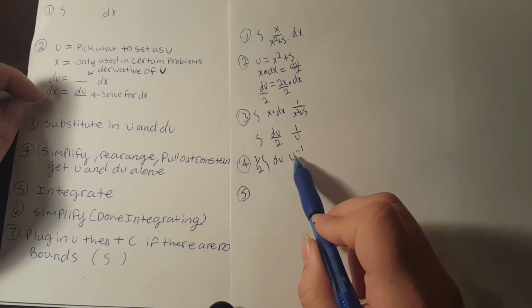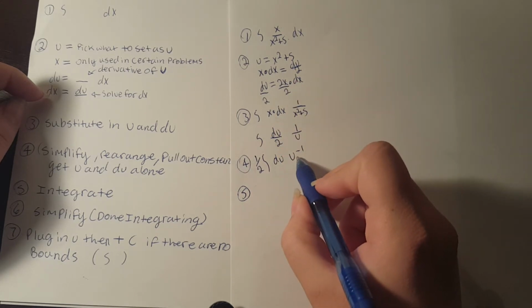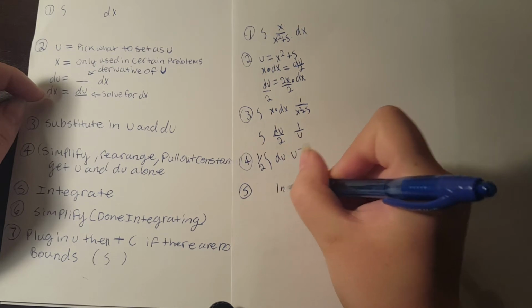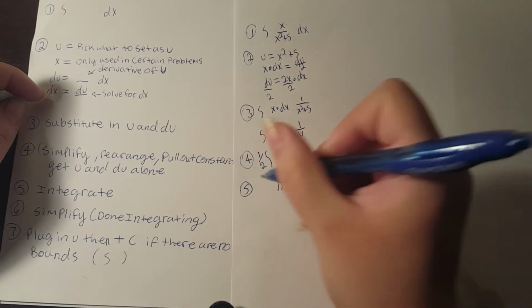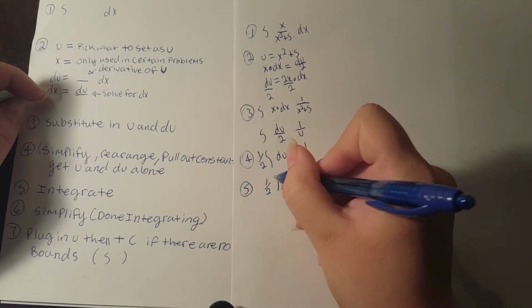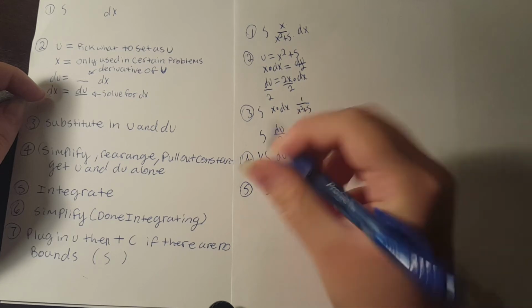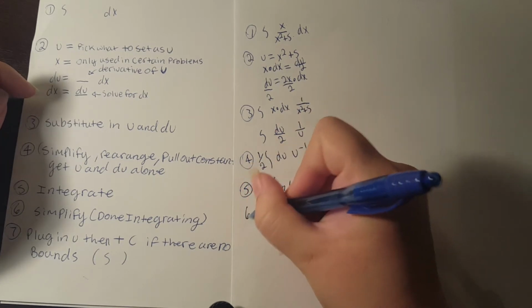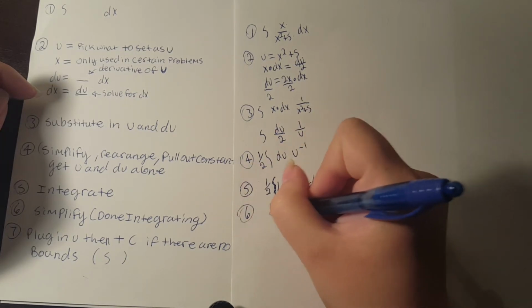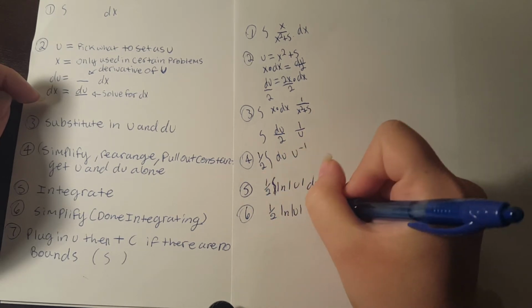And du would cancel, and u to the negative 1, the integral of that is ln absolute value u. So that would be 1/2 times ln absolute value u. For step 6, you would simplify 1/2 times ln u plus c.